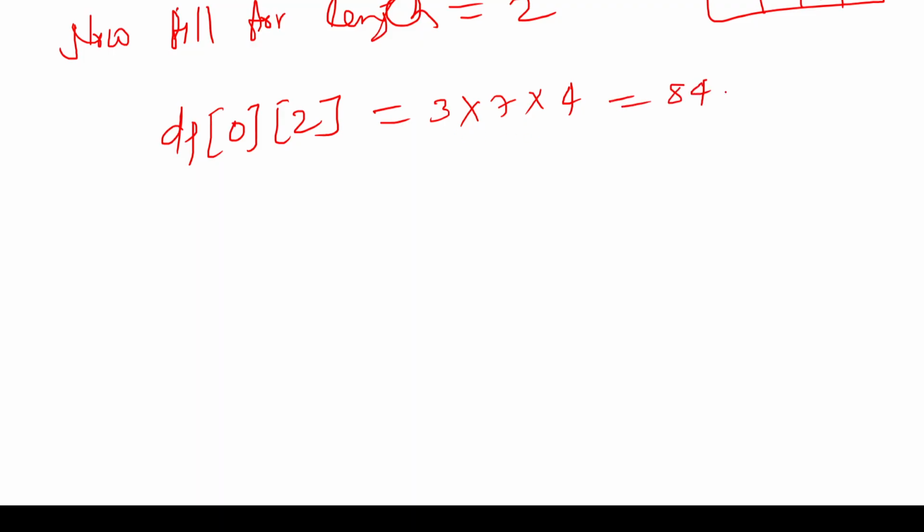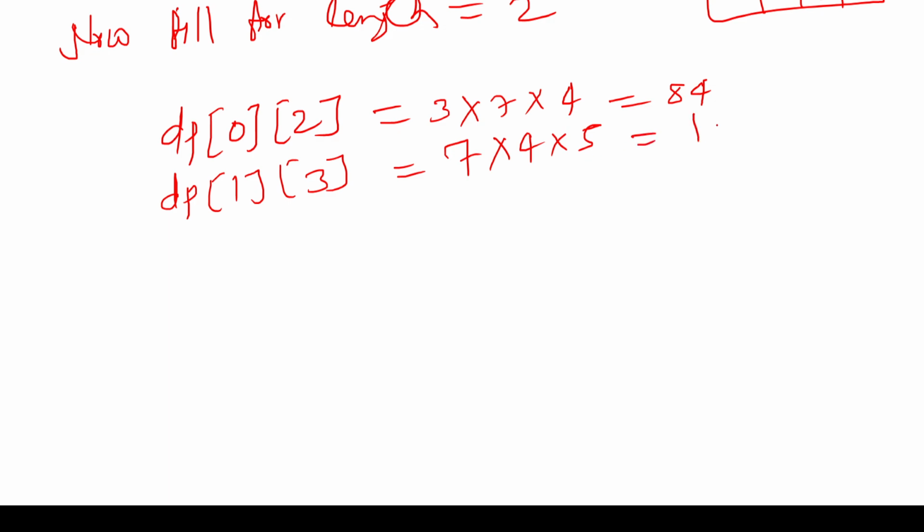Similarly, dp at 1 and 3 will be 7 into 4 into 5, which is 140.